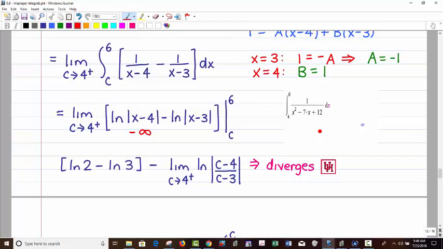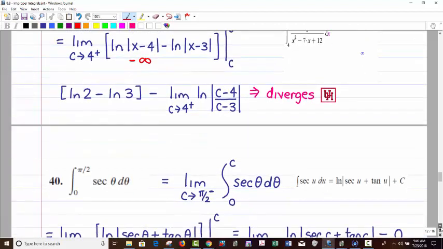Well, actually, you don't have 0 minus infinity. Excuse me. You have a constant minus infinity, which would basically just be positive infinity. So I'm sorry, that's not 0 there, but the point is that 2 minus infinity would be considered positive infinity. So that one diverges.